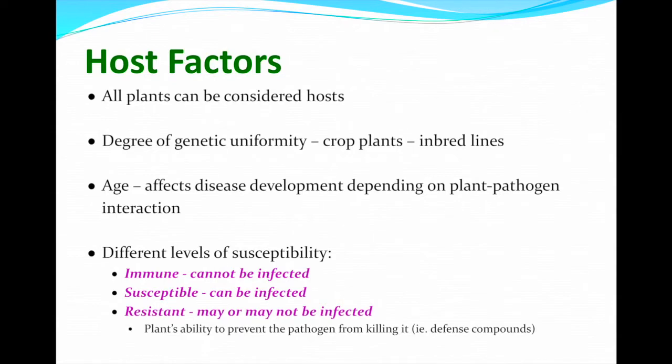No. Were you susceptible to that ringworm infection? Absolutely. Did you have some abnormalities or some impact because of that? Yeah, you probably did. But you did not have a serious malfunction in the use of that arm. So some plants can be susceptible to a particular pathogen, and they can become infected even, but not become diseased.